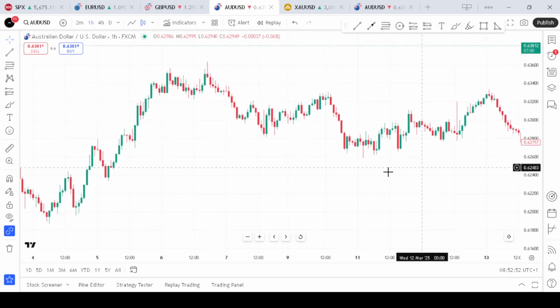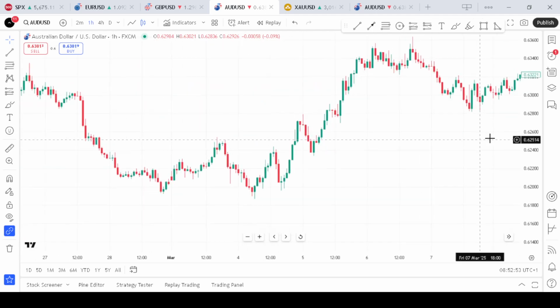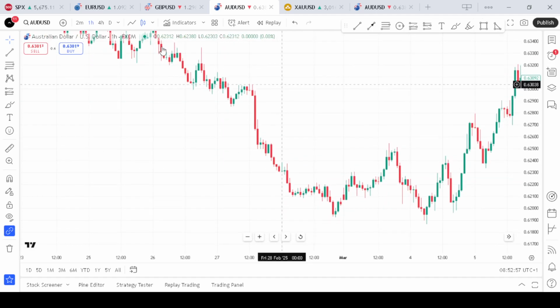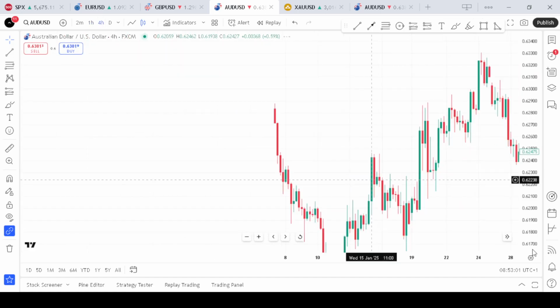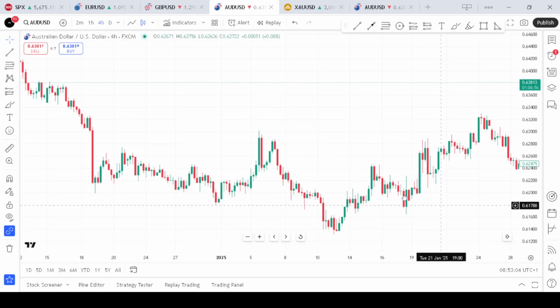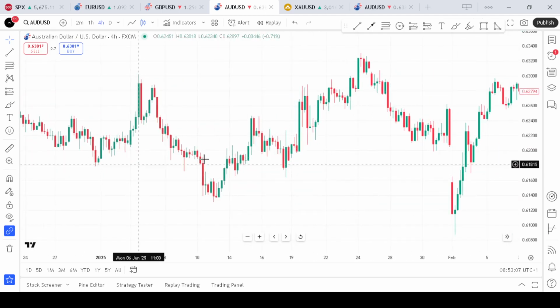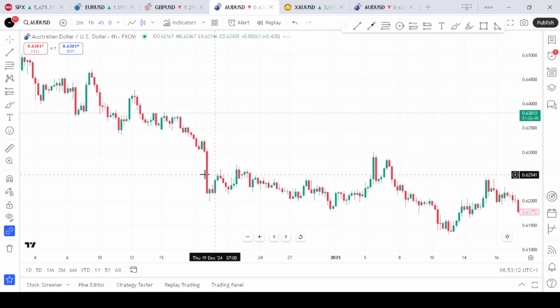Let's look for a good example so we don't get confused in this setup. Go to the daily or 4-hour chart to get a better understanding. It is formed during a downtrend.